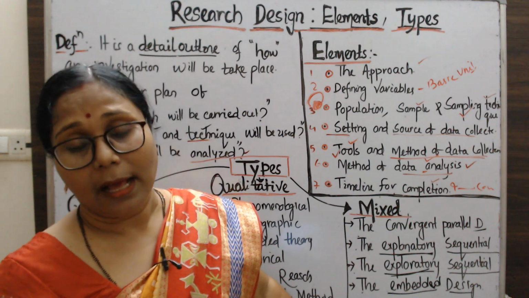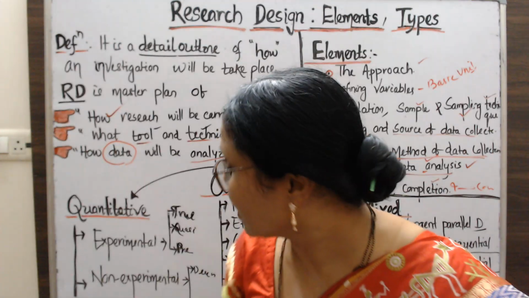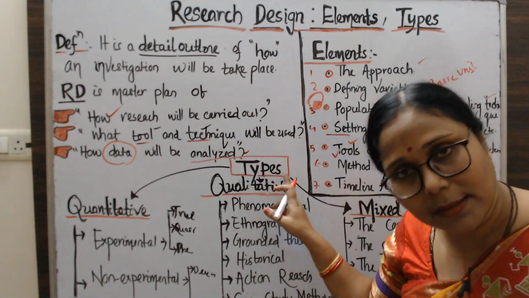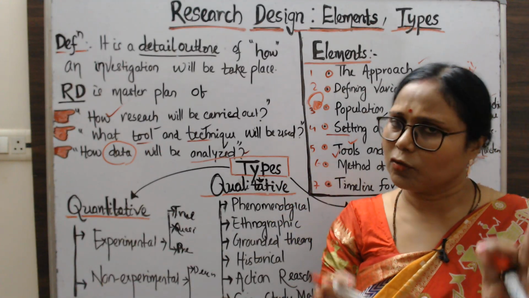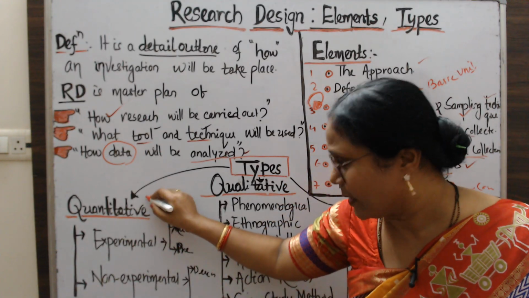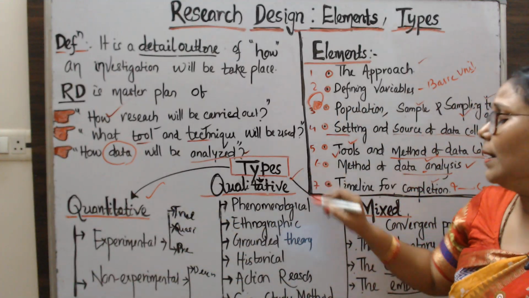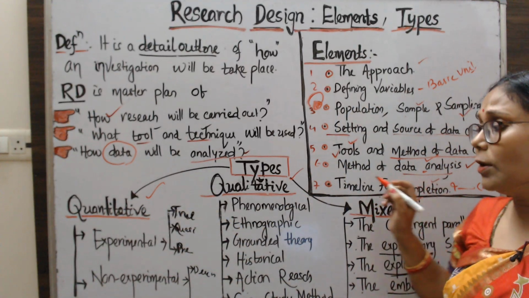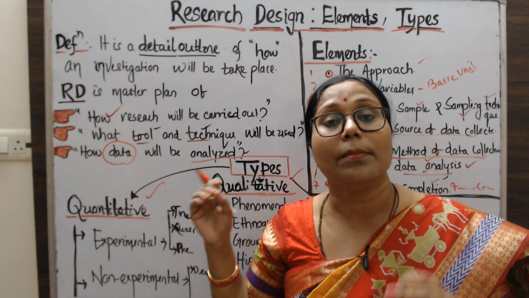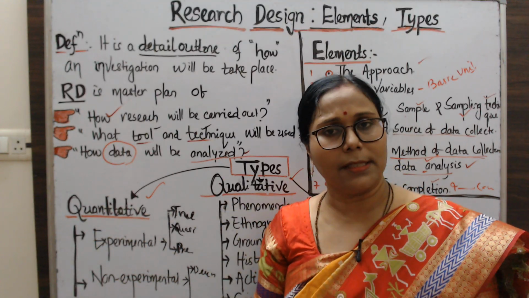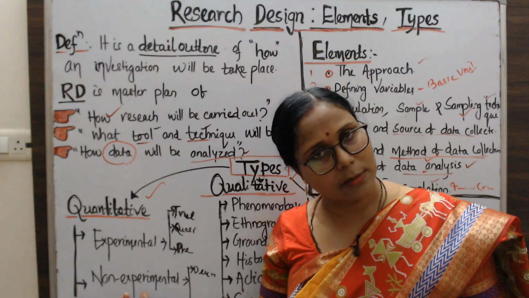Next, another topic: the types of research design. Research design is broadly classified into three types: quantitative, qualitative, and mixed method. In quantitative, it is measurable. Here the data are measured or analyzed in statistical form to get the result.